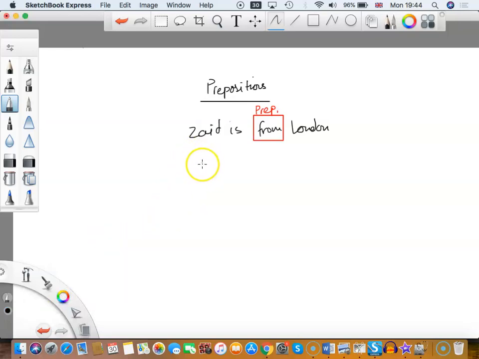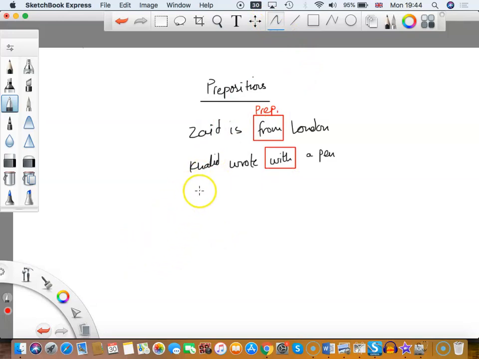Okay, let me write another word. Khalid wrote with a pen. Okay, so in this example, what's the preposition? With, very good. Okay, with is a preposition.